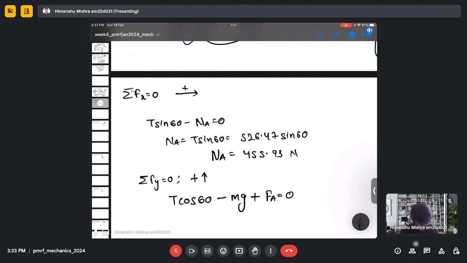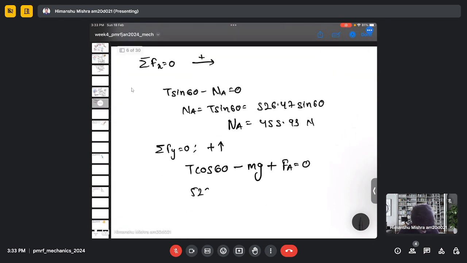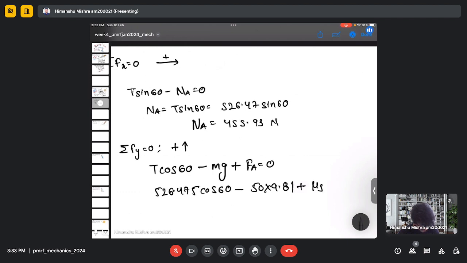So we know T, which is 526.475, and the weight is 50, and my friction force is mu s, and my normal reaction is 455.93 equal to 0.